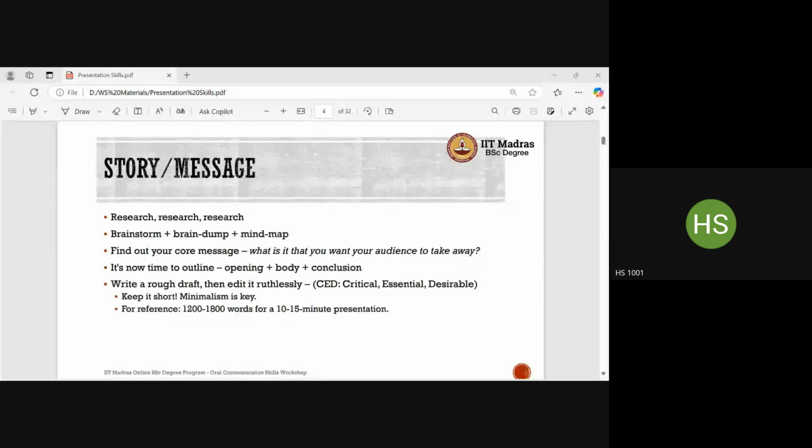You structure it in writing, in the form of your slides. You decide what comes first, what comes next, and what comes last. So you have an opening, you have the body of the presentation, and then you have something with which you will conclude the presentation. Okay? At this stage, you will have a rough draft.